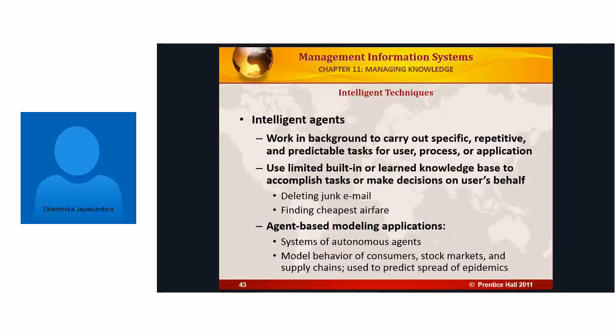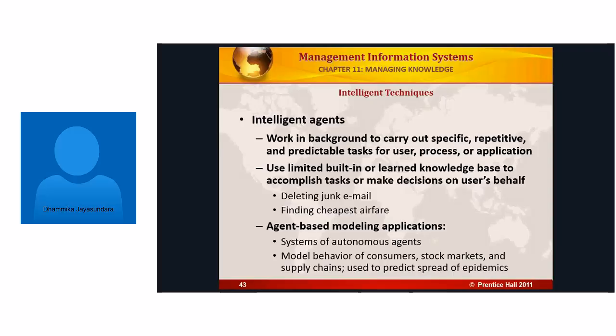Intelligent agents work in the background to carry out specific, repetitive and predictable tasks for a user, process or application. They use a limited built-in or learned knowledge base to accomplish tasks or make decisions on the user's behalf. As examples, deleting junk email, finding the cheapest airfare.